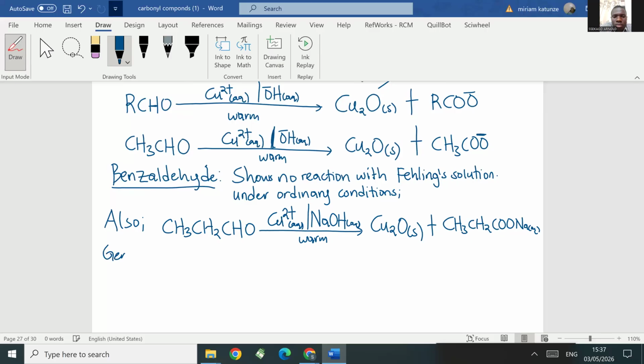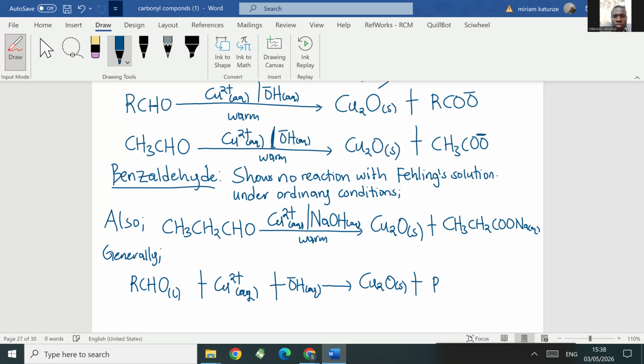So generally, I was also noting, let me use the general one: RCHO, liquid, plus copper 2 ions, plus hydroxide ions, meaning that this side I'll get the brick red precipitate plus RCOO minus, these are now ions.